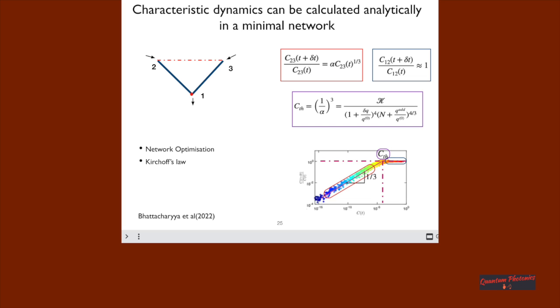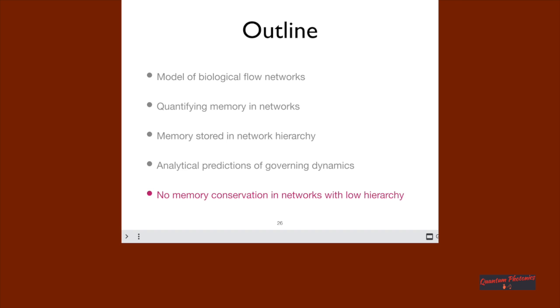That means we don't have to include much more complicated complications into the model to get memory formation in flow networks, because even the simple adaptation dynamics itself is leading to memory formation.